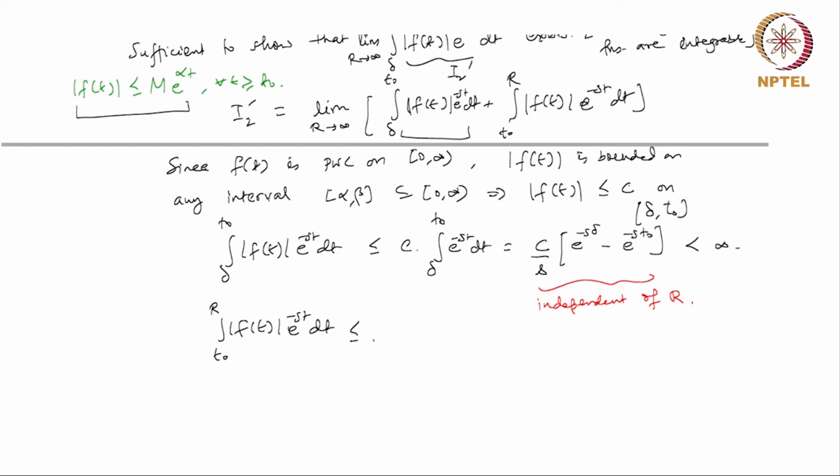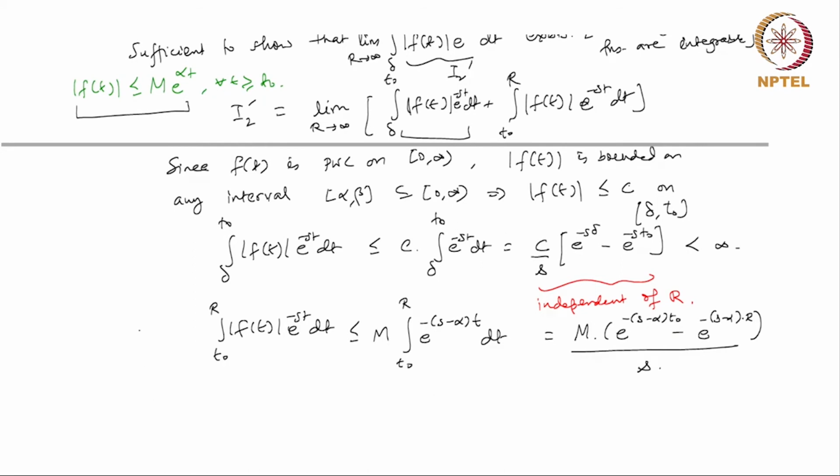So this is M times the integral from t naught to r of e to the power minus (s minus alpha) t, which is M times (e to the power minus (s minus alpha) t naught minus e to the power minus (s minus alpha) r) upon (s minus alpha).